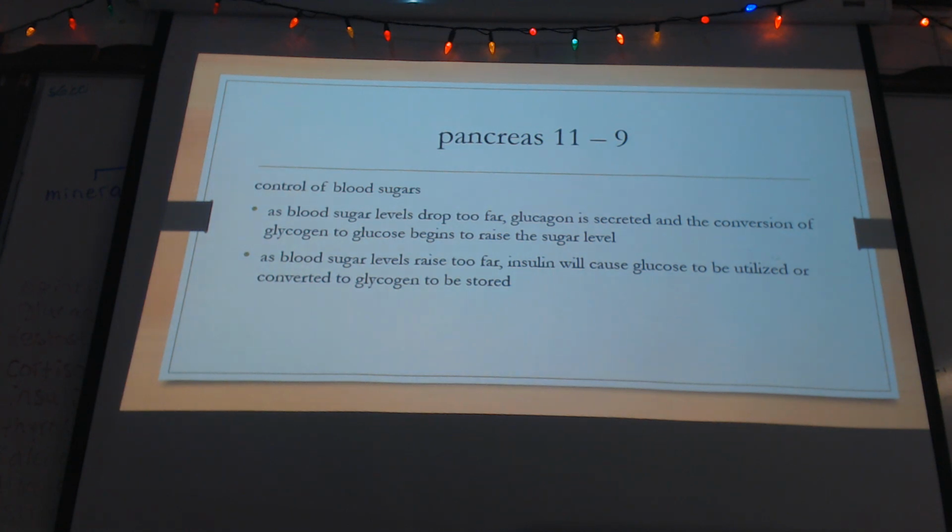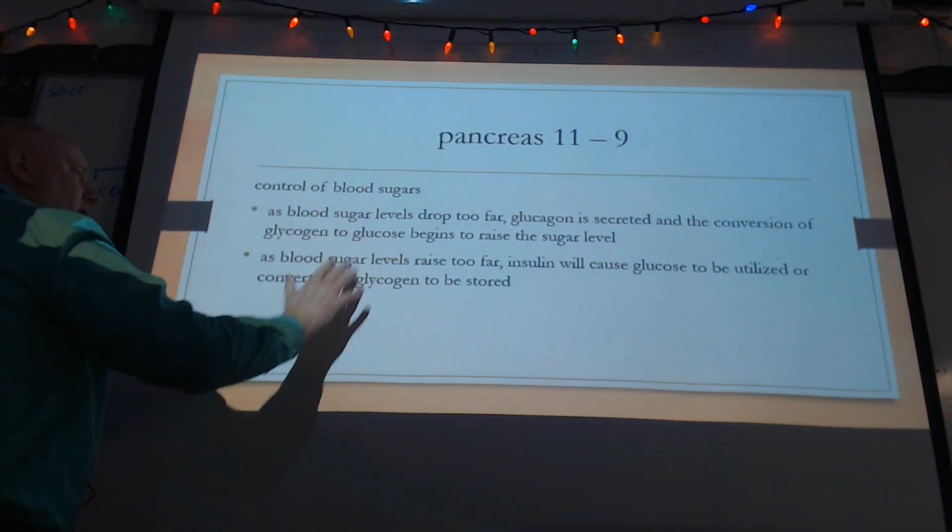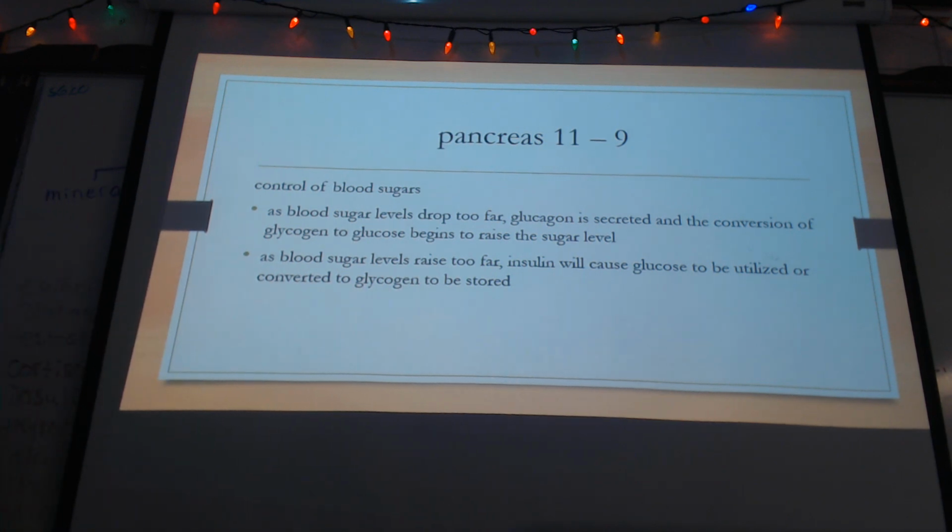And notice maybe that's not the best way to describe this. It says conversion of glycogen to glucose. It's really not converting it. What's maybe a better way of saying that? Because which one of them is a polysaccharide?